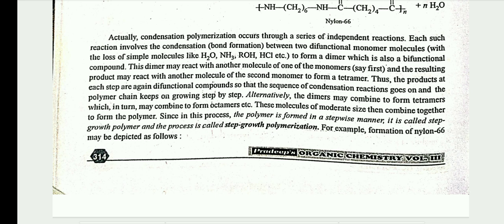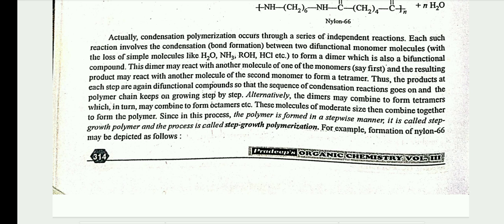This dimer may react with another molecule of one of the monomers, and the resulting product may react with another molecule of the second monomer to form a tetramer. Thus, the products at each step are again bifunctional compounds, so that the sequence of condensation reactions goes on and the polymer chain keeps on growing step by step.